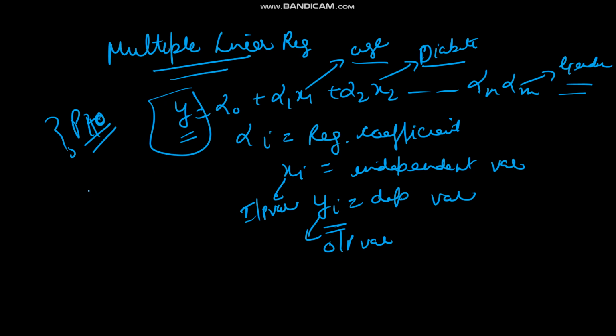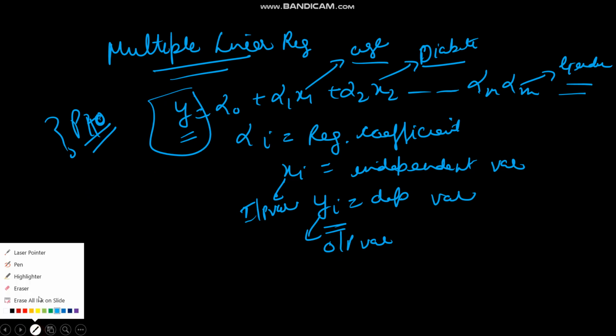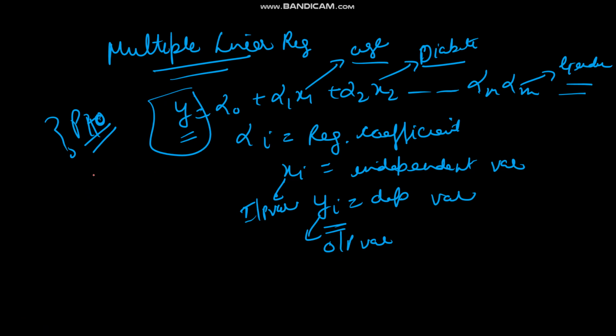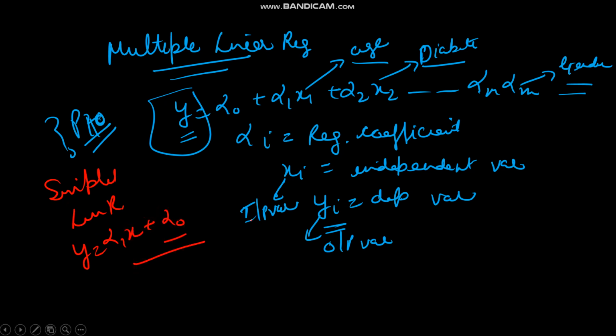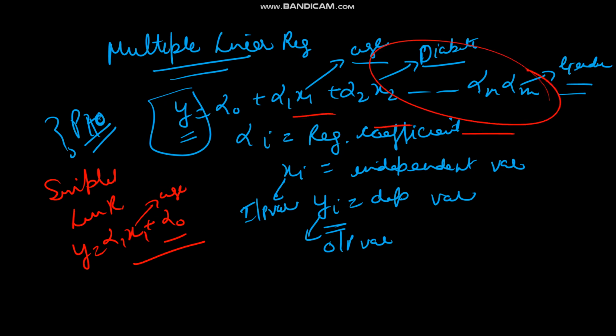But when we discussed the other case, simple linear regression, we were simply checking y equal to alpha 1 x plus alpha naught, working on a single value like age. Here we are talking about multiple values, so we have to check which is the most important independent variable for getting the result.